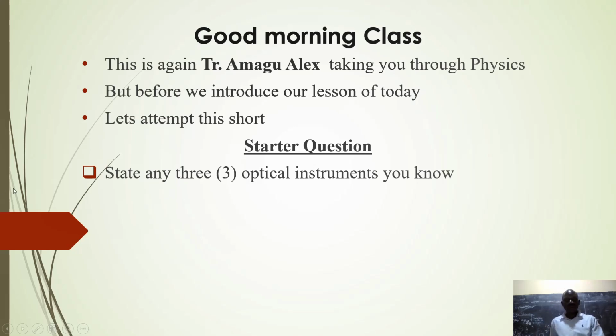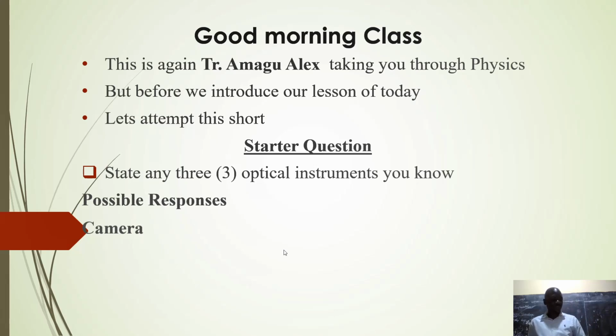As we are going to assess, where you see a right score, you give a neat tick. These are the possible responses. If any of your colleagues has one of these responses, mark it right. The first response is camera.